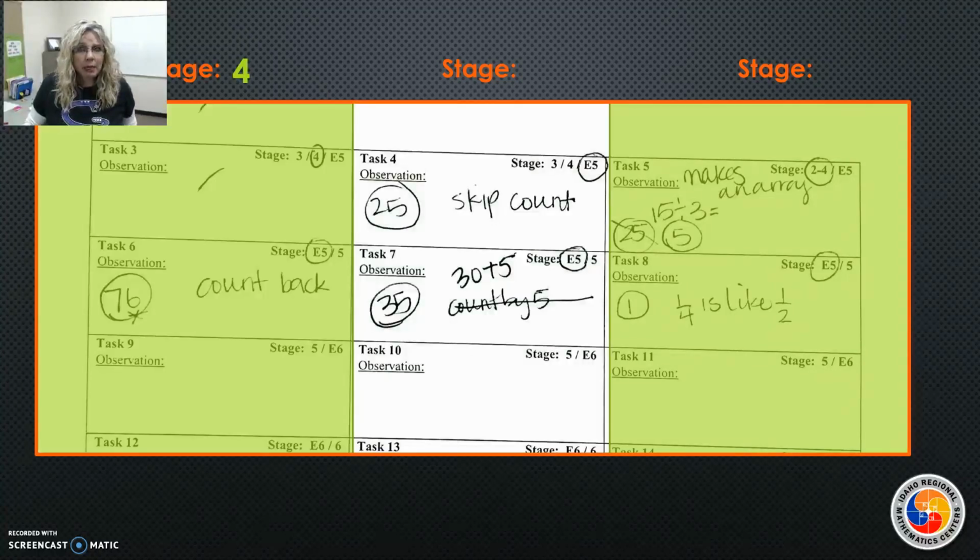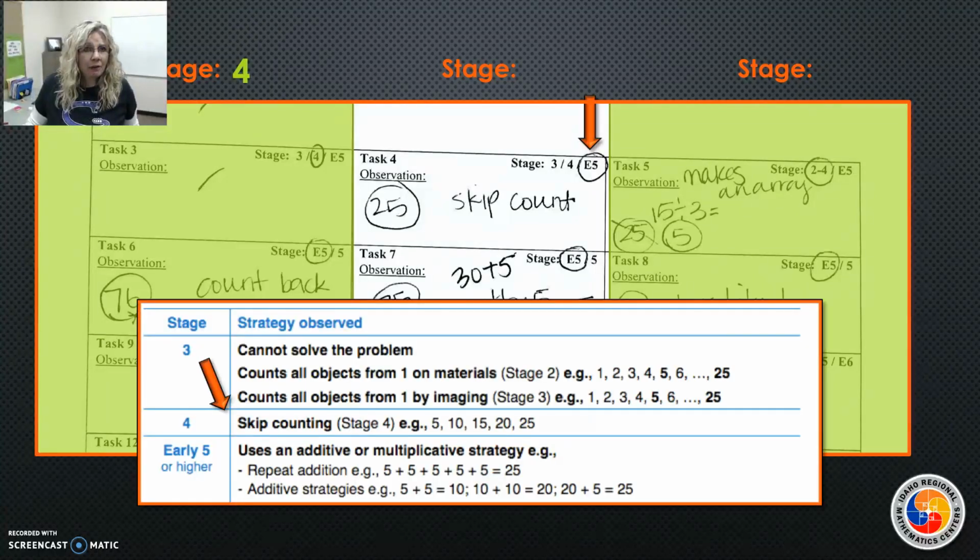Now, looking at multiplication and division, we see that on task 4, skip counting, they scored this as an E5. However, if I look at the strategy card, it does say that skip counting is a stage 4.